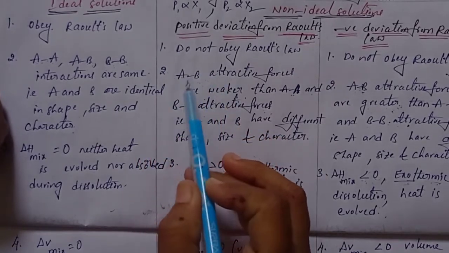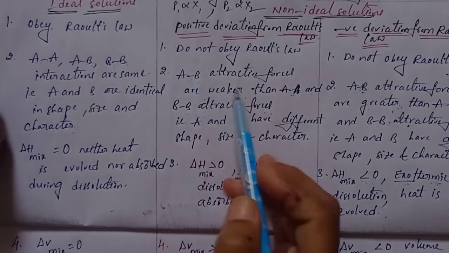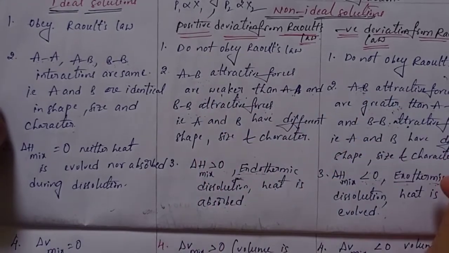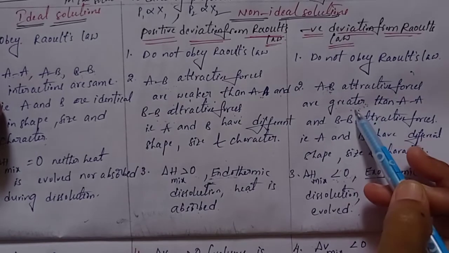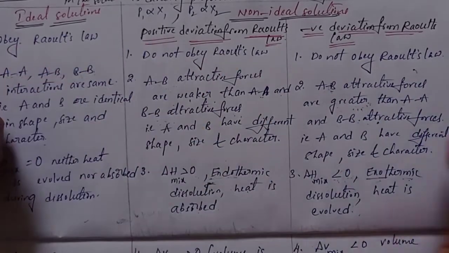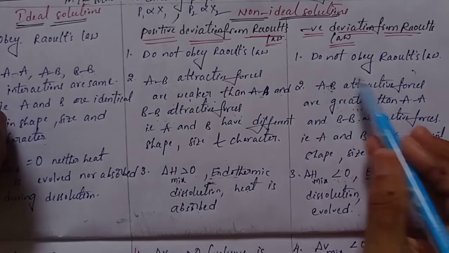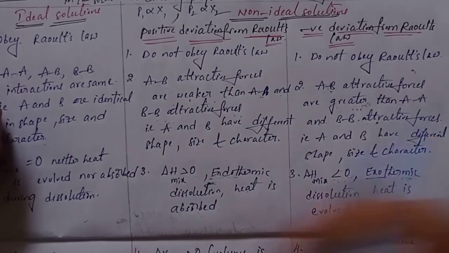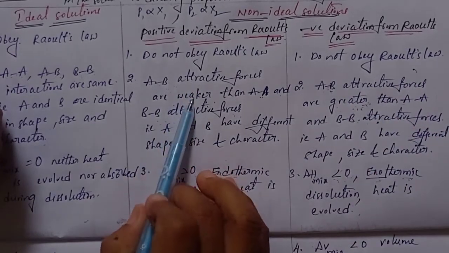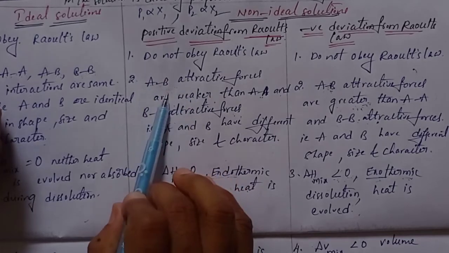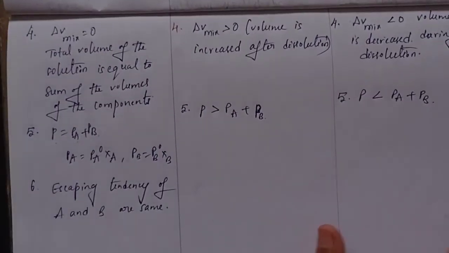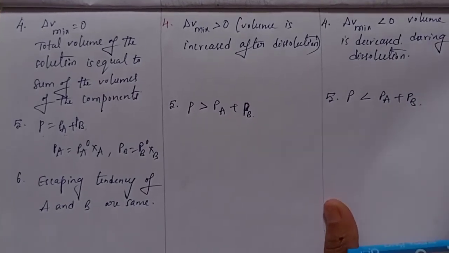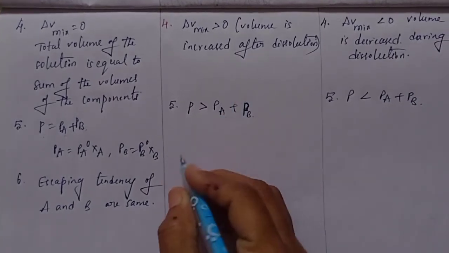That means the different components' escaping tendency is more. Here, in the other case, AB attractive forces are greater, so they cannot easily escape. So the escaping tendency of AB components is less. Here escaping tendency is more because attractive forces are weaker. So what we can write, students, here, last point, the sixth point. What is the sixth point, students? Escaping tendency.